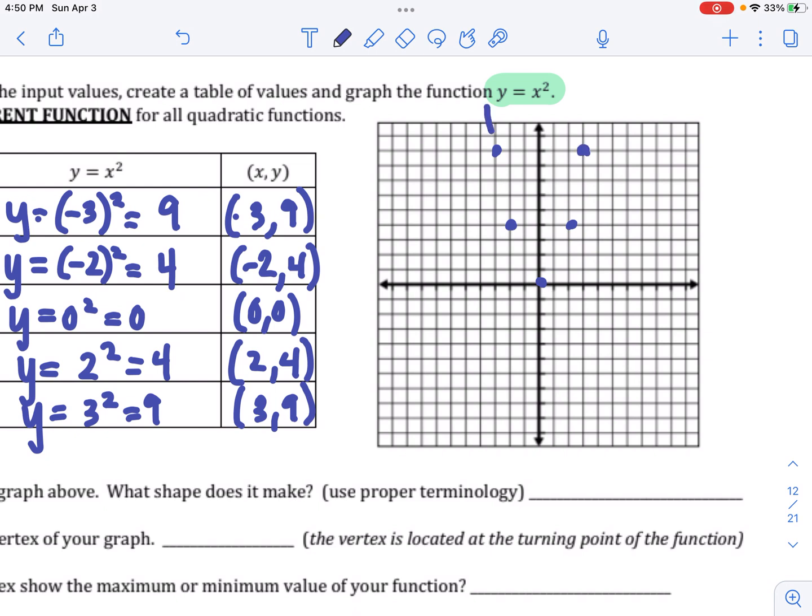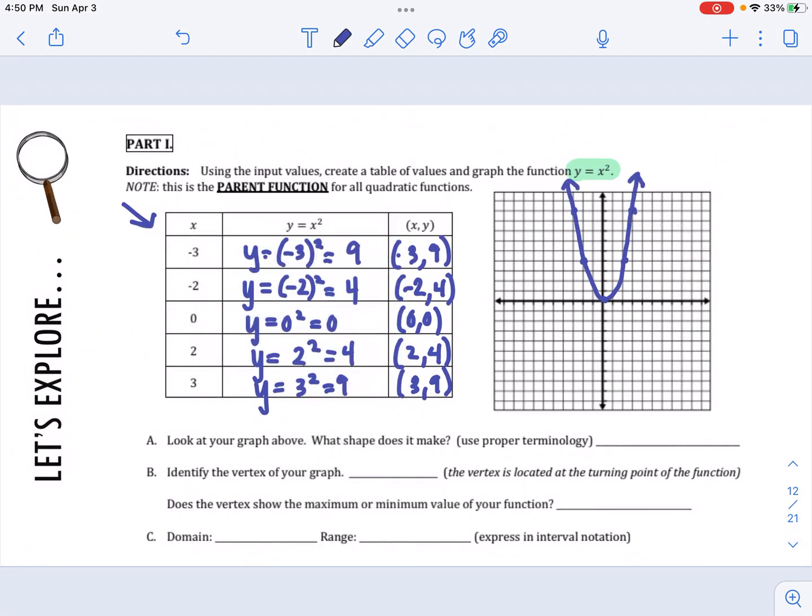Okay, try your best to create that nice parabola starting from the left, moving to the right, indicating with arrows that it continues on infinitely. Now looking at the graph above, what shape does it make? Sure, it makes a U-shaped graph, but the correct terminology is it forms a parabola.